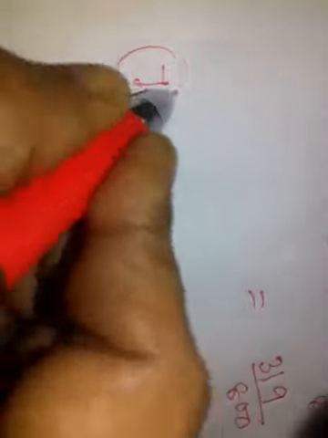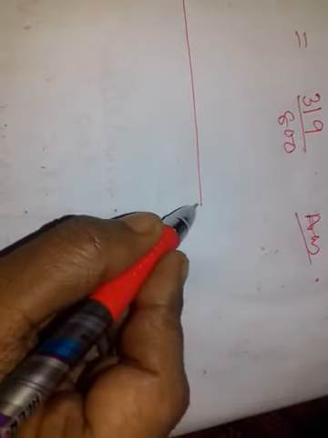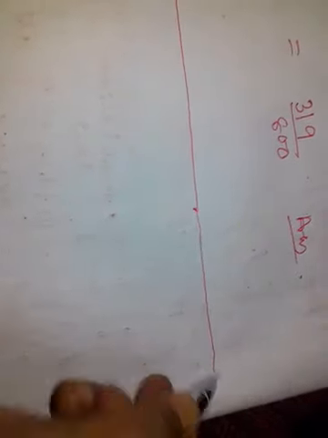Now sum number 7. Let's put the rational numbers in the number line. 5 rational numbers are given to put in the number line. I am showing two of them. This is the number line.